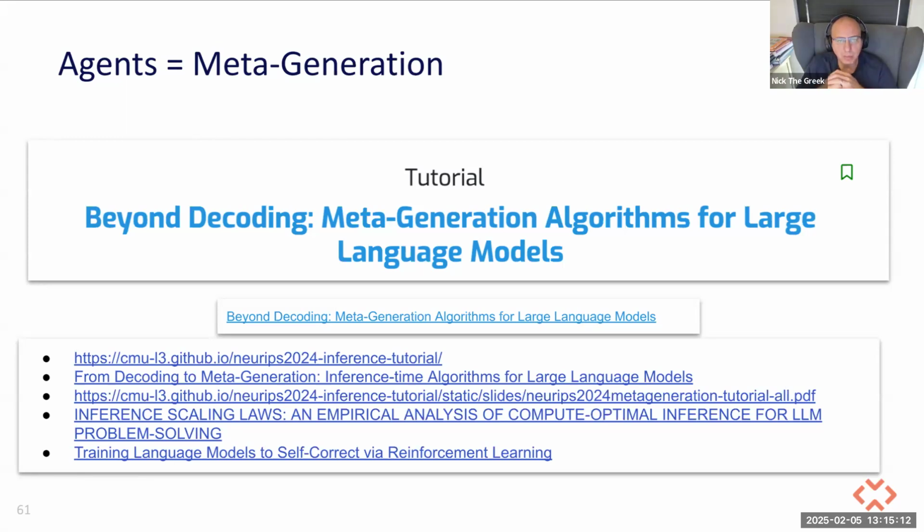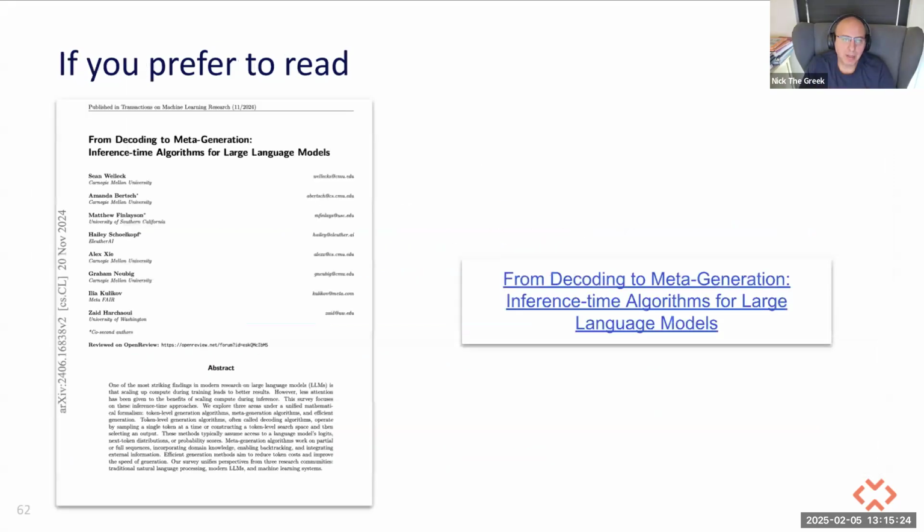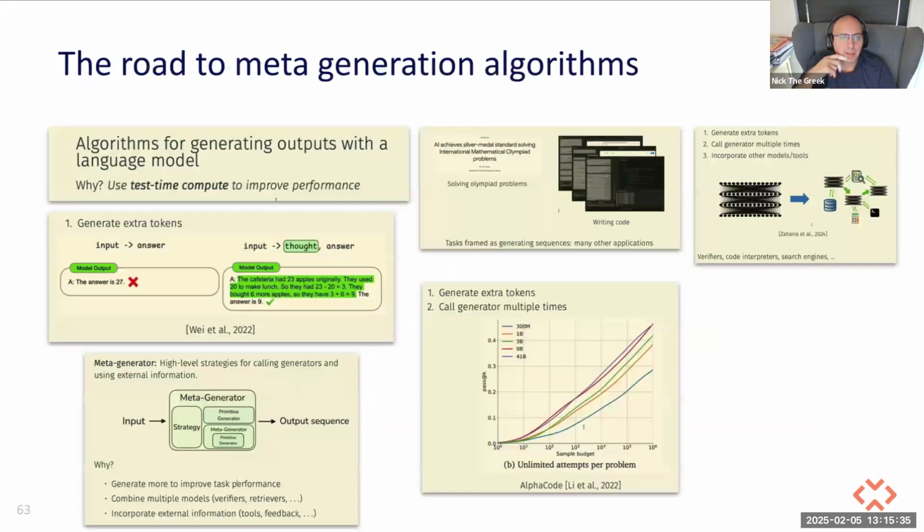You can see more later too. So as I mentioned yesterday, when we're talking about the agents on the micro level, this is equivalent to talking about meta generation. And if you prefer to read, there's an extensive paper, like the same tutorial, which is quite lengthy, if you want to go and see that.